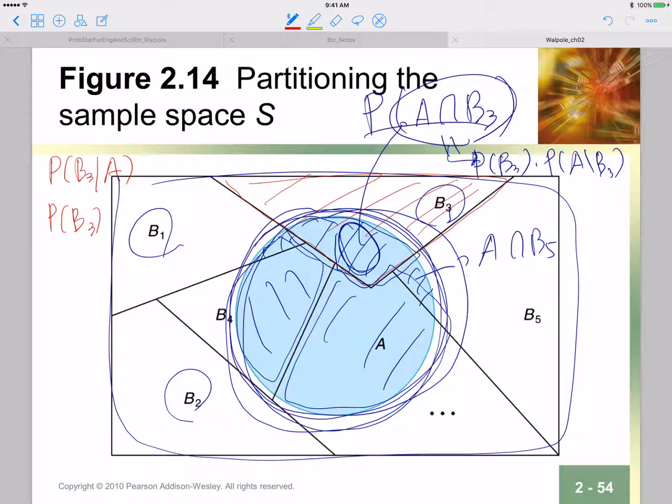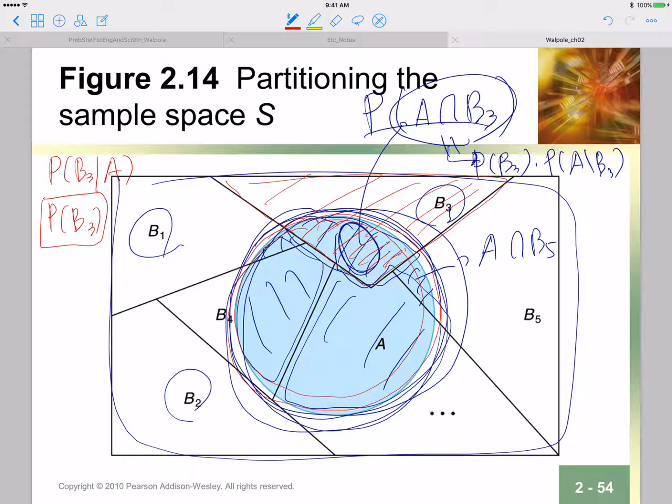So the ratio of this area compared to the overall area of this rectangle is the original probability of B3, but we now consider this conditional probability of B3 given A. So only within the region of A, which is this blue circle, we consider the ratio of this area within this part, between this part and this entire circle.